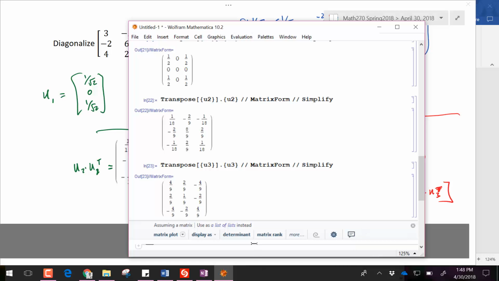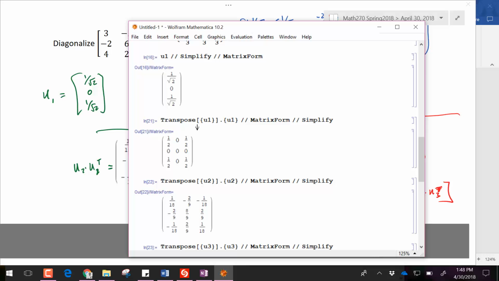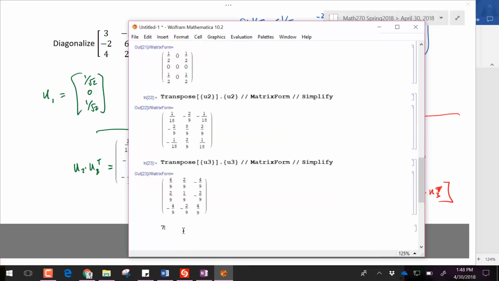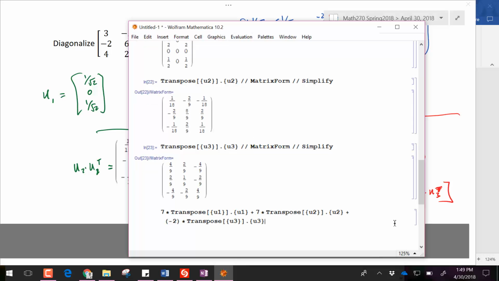So if we take our 7 times that matrix from before, and then plus 7 times the next matrix that we got, plus -2 times this last matrix, that it should equal the original matrix A, right?